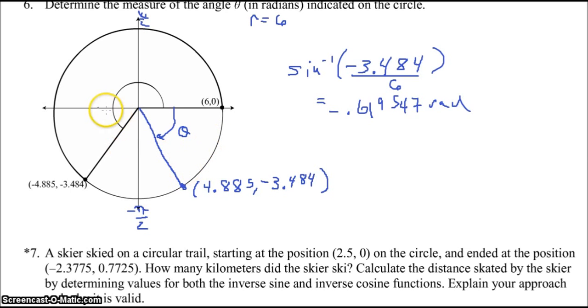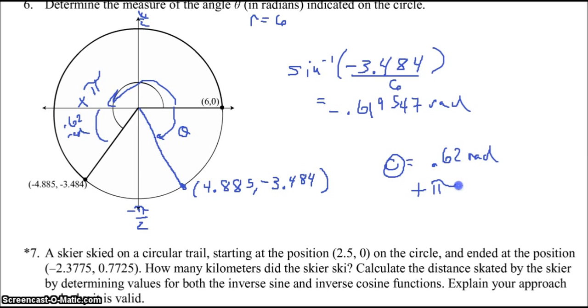Okay, that means that this angle right here is 0.62 radians also. And if we take pi radians and add it to 0.62, then we'll find the angle that we're looking for. 3.76 radians.